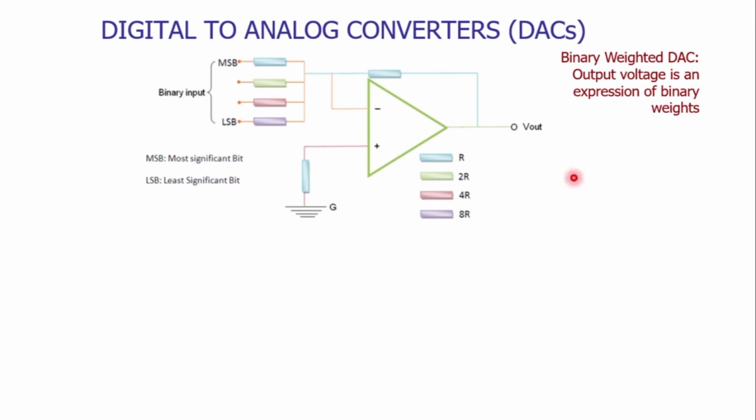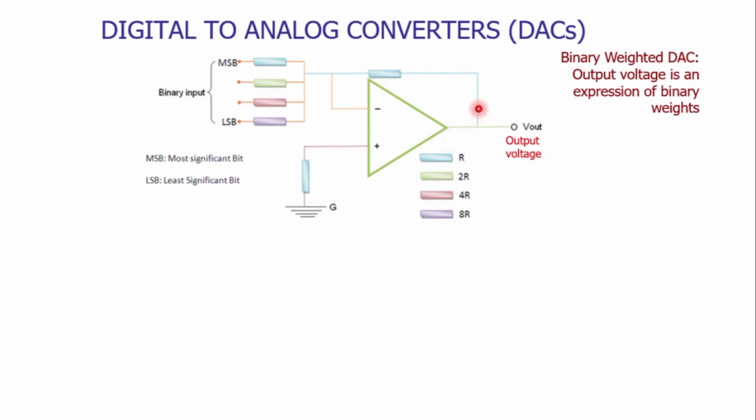The basic element of this converter is an operational amplifier. The operational amplifier has the output voltage terminal, and there are two input terminals.